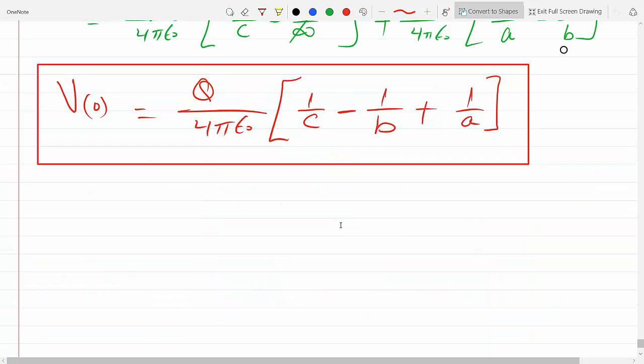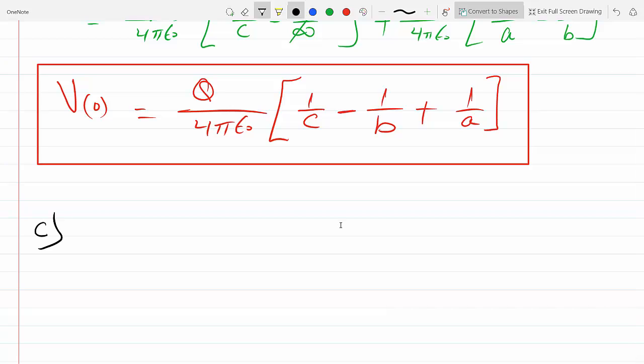Okay, so in part C, we ground the outer surface. If we ground the outer surface, that puts its potential at 0. So VC now will equal 0.